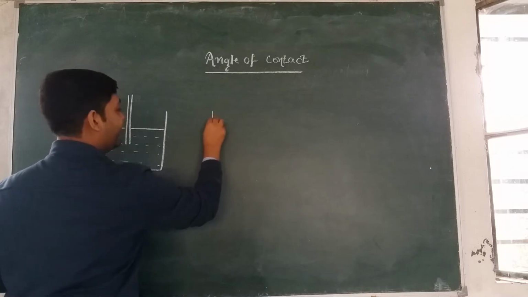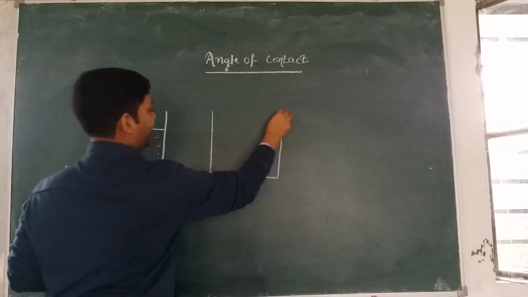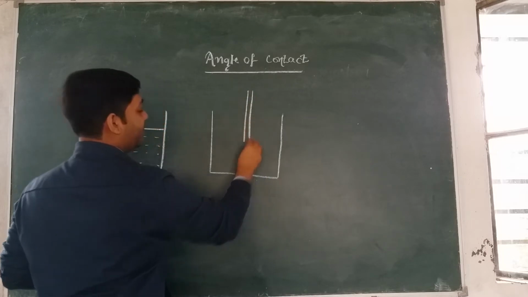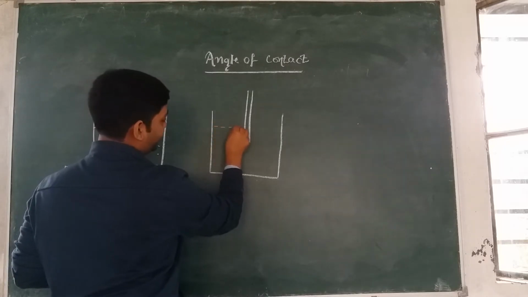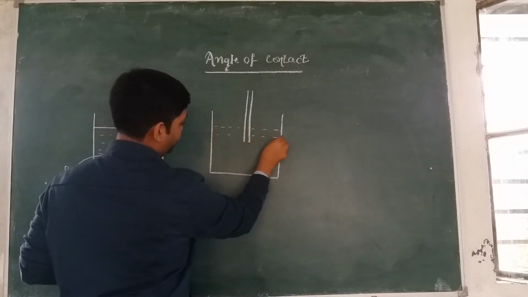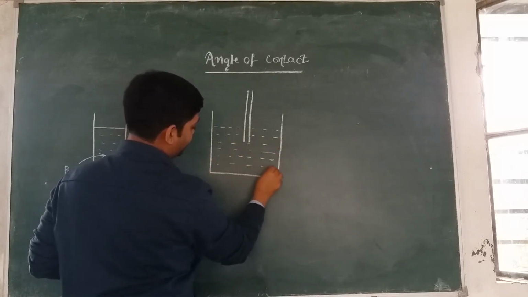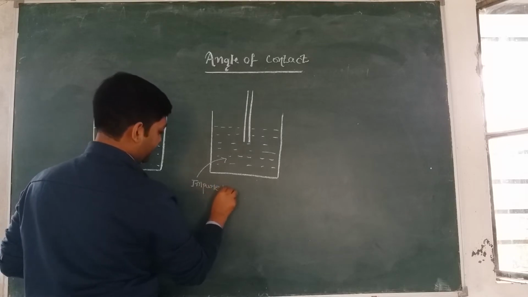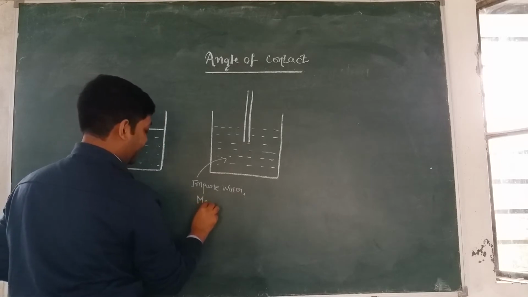Now suppose we take another container like this, and again we dip a glass tube inside this container. But now the liquid that we are taking inside this container is impure water, or it can also be methyl iodide.